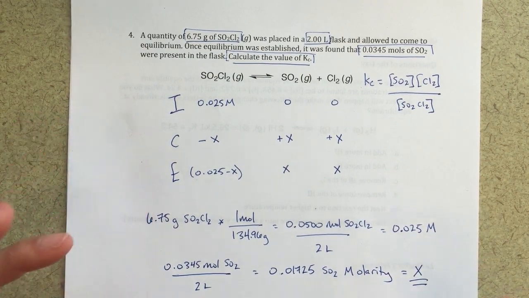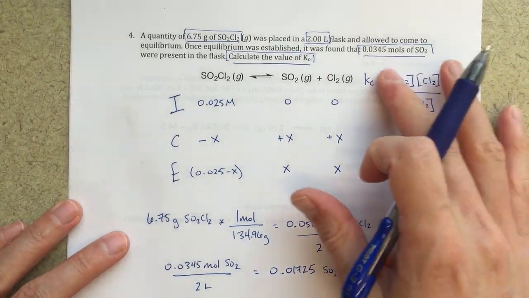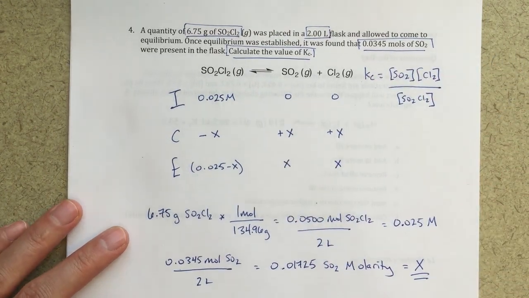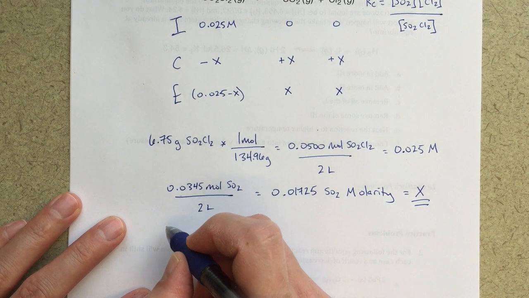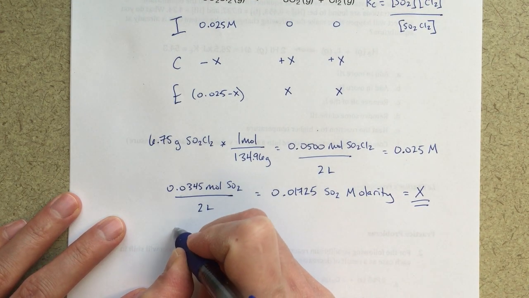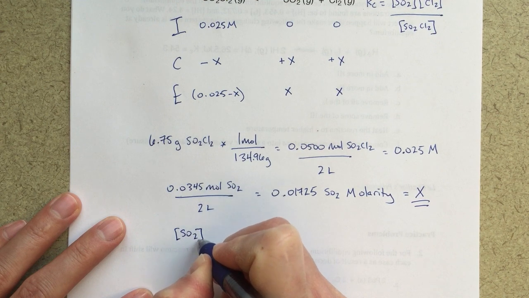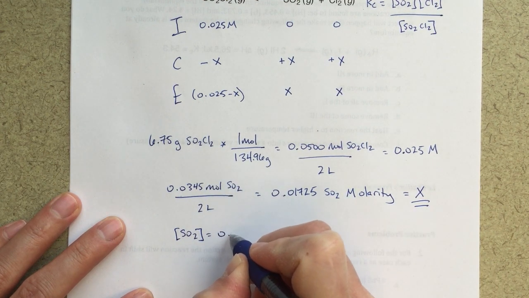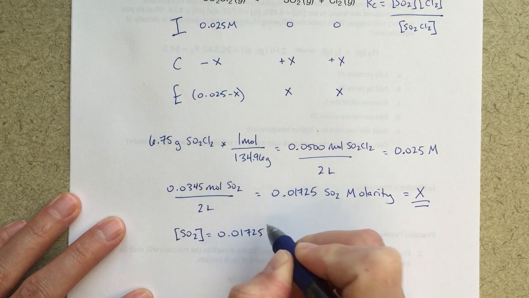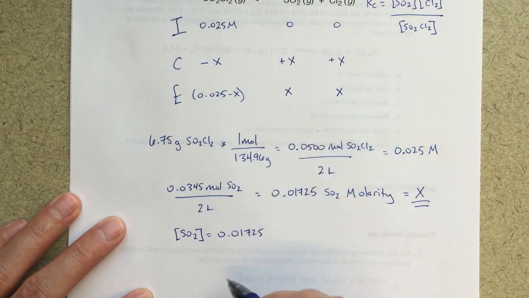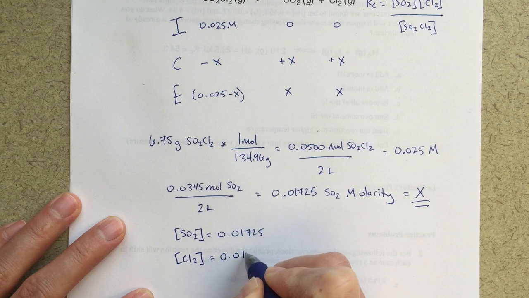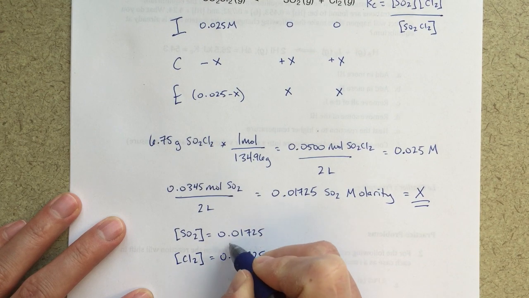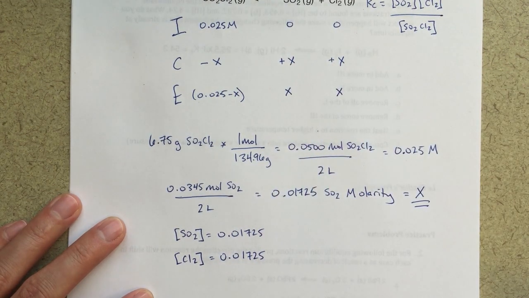So now we have all the information we need in order to solve for our actual Kc value. So the way that I'm going to do that is, first, we might like to write out what my concentrations of everything are. So SO2, we know, is 0.01725. And by extension, that's going to equal also my concentration of Cl2, 0.01725. So those should be the same, right? It's a 1-to-1 mole-to-mole ratio.